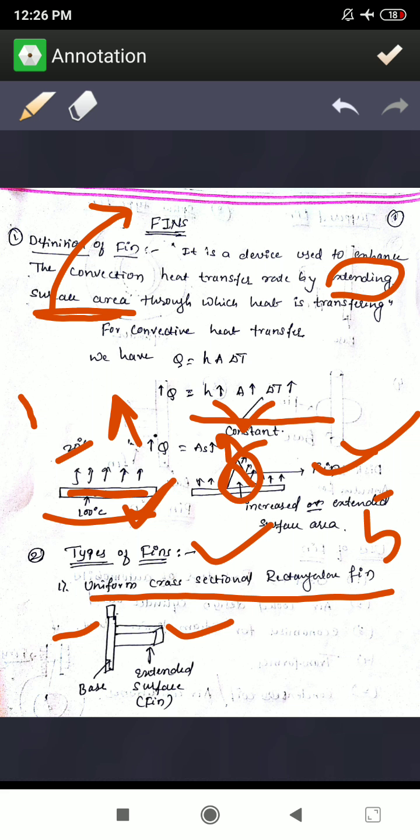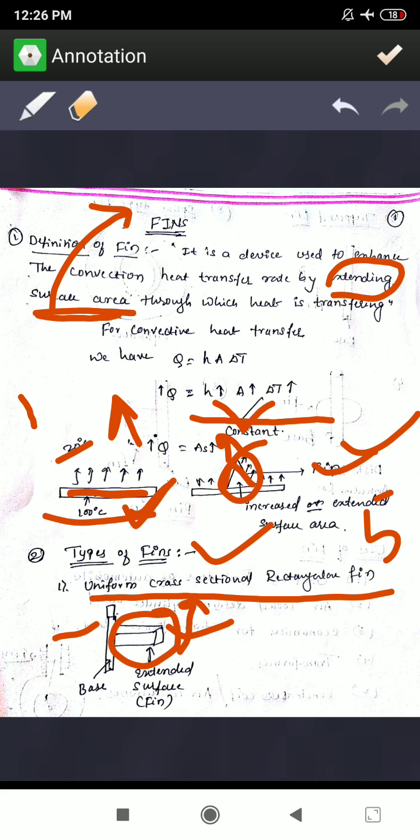The shape of this fin is uniform cross-sectional and rectangular. Uniform cross-sectional means its area throughout the length of the fin is uniform. So this is the first type of fin.